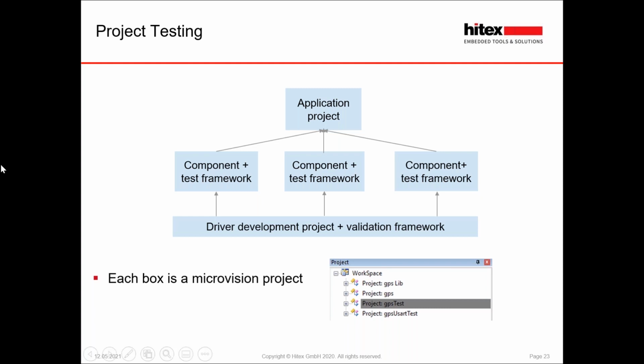So at the bottom level, we've got a test framework for all of the CMSIS drivers. We create these sub-projects for each of our components, add the test code, and when we're happy, we can start to add it together with the application threads to build up the full application. And each of these points provides us a very good test interface so that as we go along, we build more and more confidence in the code so that we can build a working application later on.